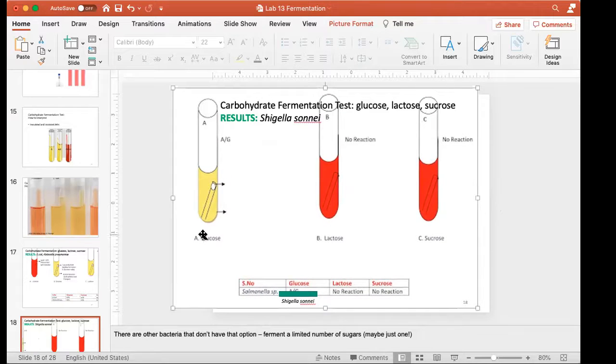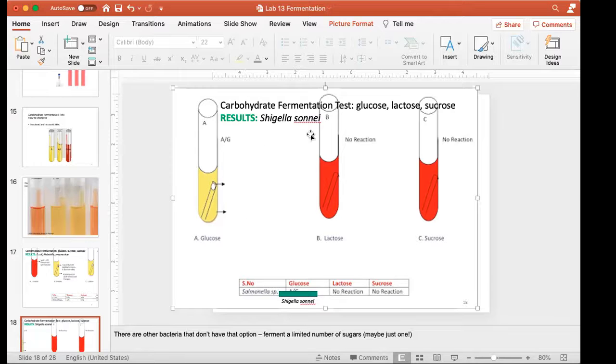This one turned yellow, and it has a bubble at the top of the Durham tube. So Shigella has the ability to ferment glucose. It can take that glucose and convert it to pyruvate through glycolysis, and then take the pyruvate and turn it into an acid molecule and a gas. So it gets an A/G.